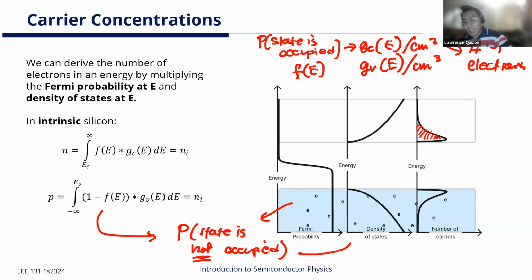And we multiply that to the number of states available in the valence band, we get the number of empty states in the valence band, which is the number of holes as a function of E, right?